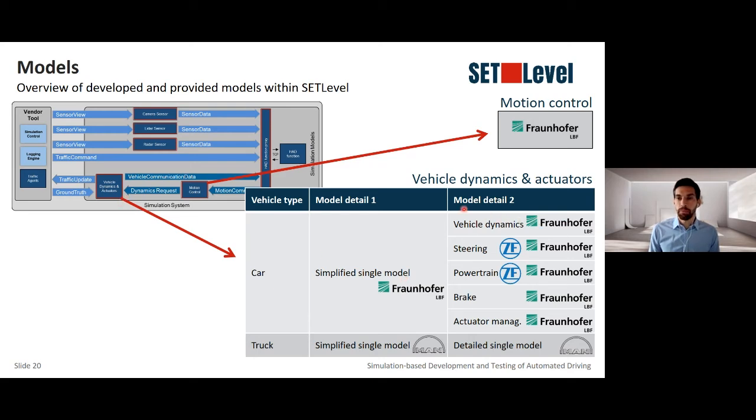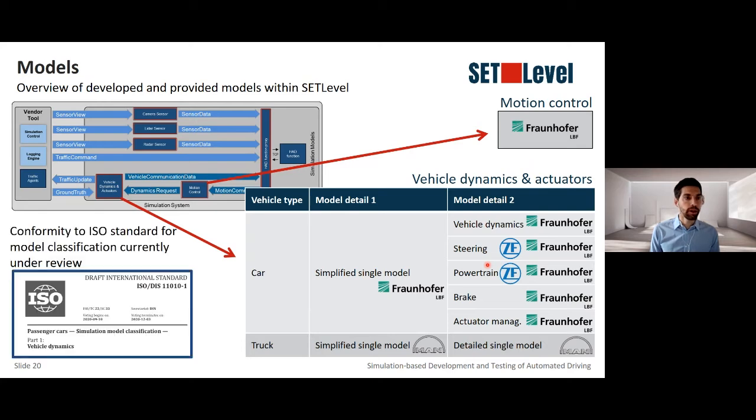And we have a model detail 2, in which the single models of vehicle dynamics, steering, powertrain, brake, and actuator management are developed and delivered as standalone models and combined to each other following the architecture I just showed before. What we are still doing concerning the models is a review of the conformity of such an architecture with a current ISO standard for the model classification in the field of vehicle dynamics.